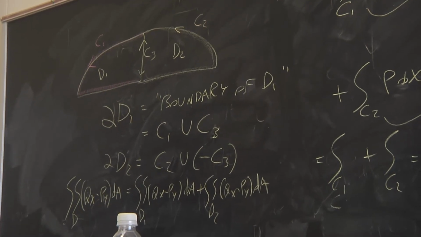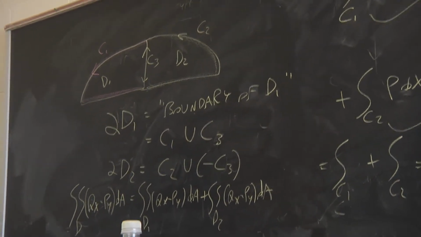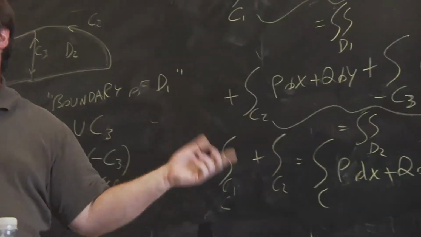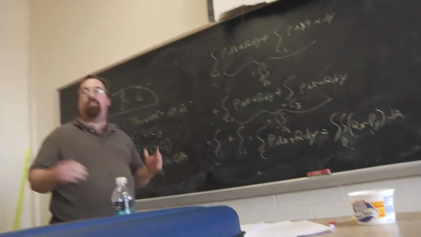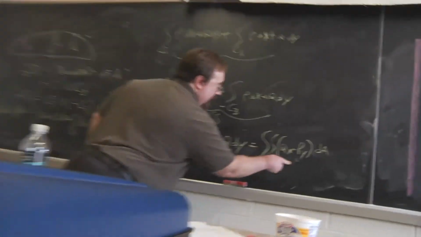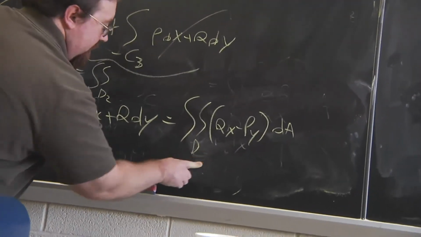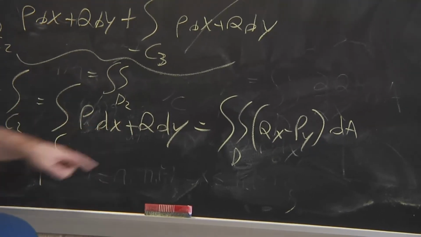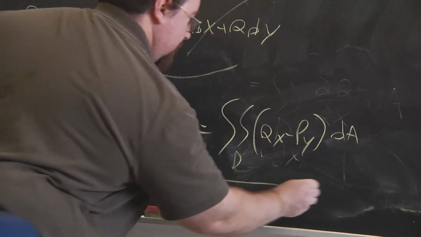So that's our general formula right there. This is the process that lets you extend it to more general regions. So Green's theorem is always going to be, or really just, this whole thing.